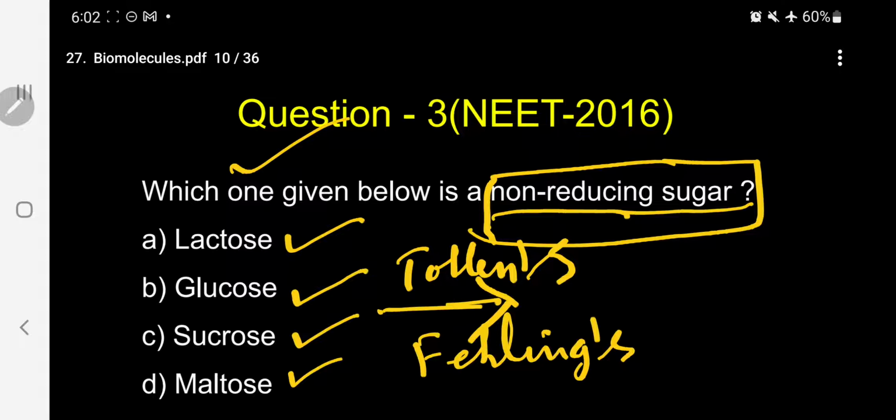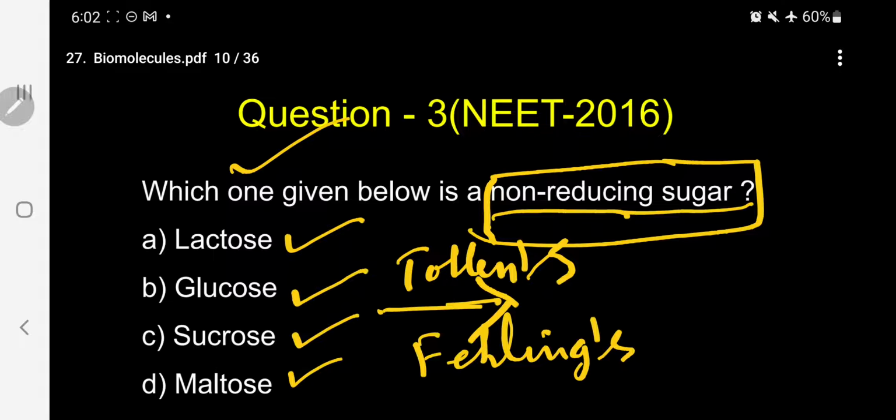There will be a bright silver mirror in the case of Tollens reagent, or a red precipitate in the case of Fehling's, showing that the sugar is getting oxidized. That means the sugar is a reducing sugar. It's acting as a reducing agent.